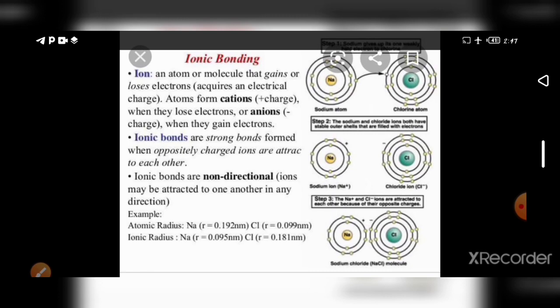Whenever it forms plus and minus, like sodium chloride, NaCl, you know very well, Na plus and Cl minus are oppositely charged. When these two combine together, it forms a strong attractive force. Ionic bonds are non-directional, that is, ions may be attracted to one another in any direction.